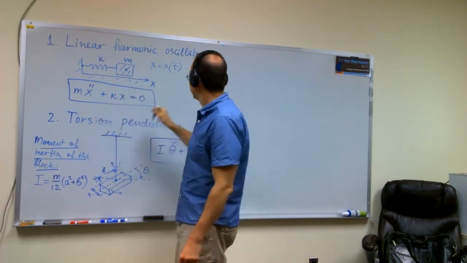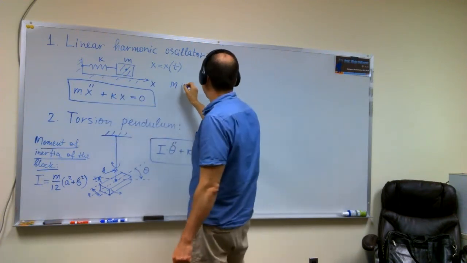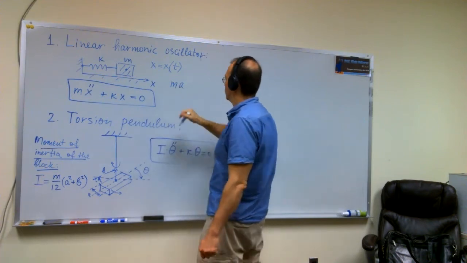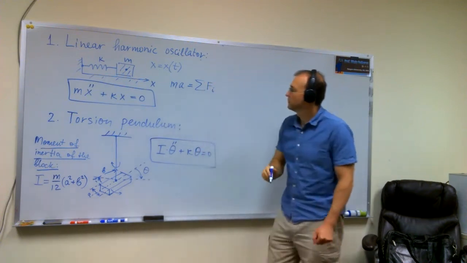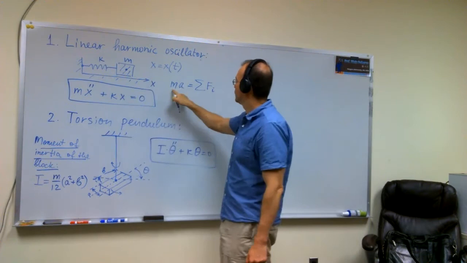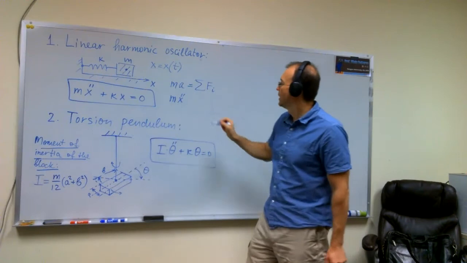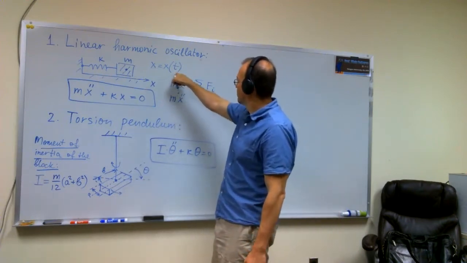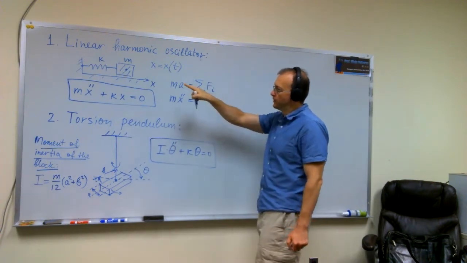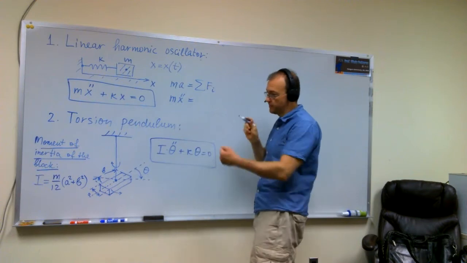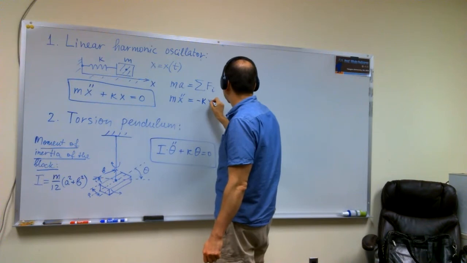So what is written here is essentially Newton's second law. Ma, mass times the acceleration, should be equal to the net forces acting on the mass, okay? So Ma in this case is m x double prime, the second derivative with respect to time, equals, and the only force acting on the block in this problem is the spring force, which is minus kx, okay?